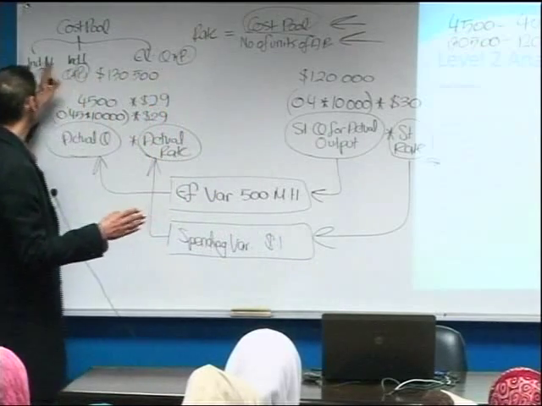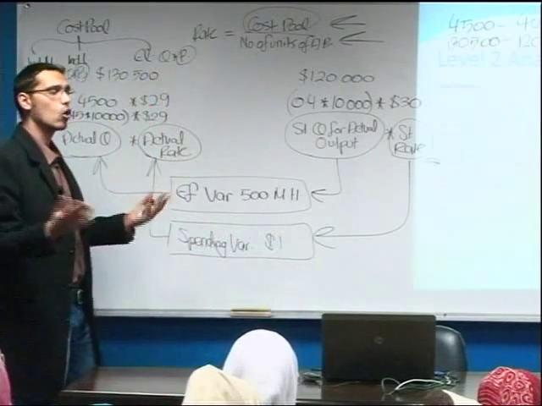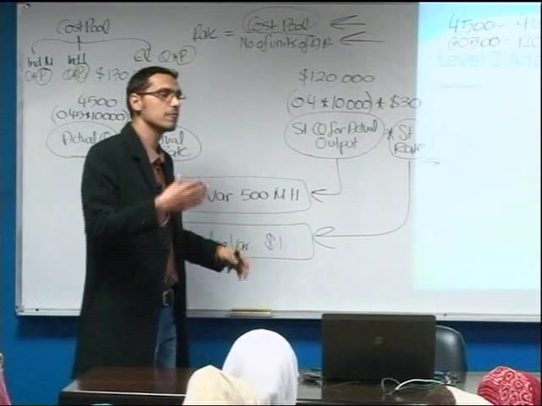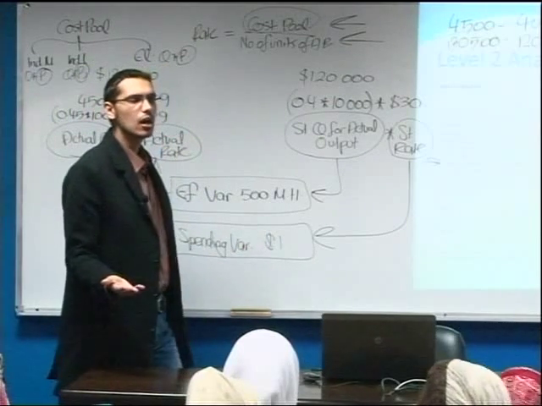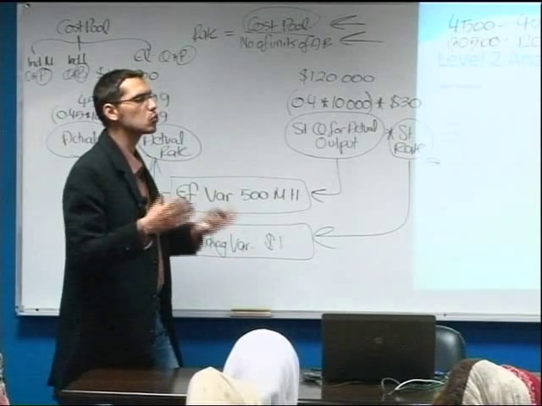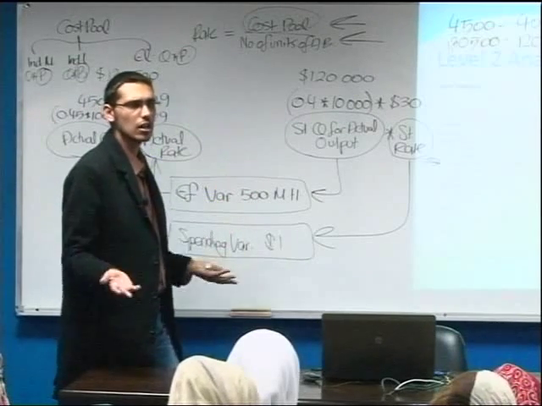For instance, the indirect materials, we expected the price of 1 kilogram of the indirect materials to be $10, but the actual price was $9 or $8.